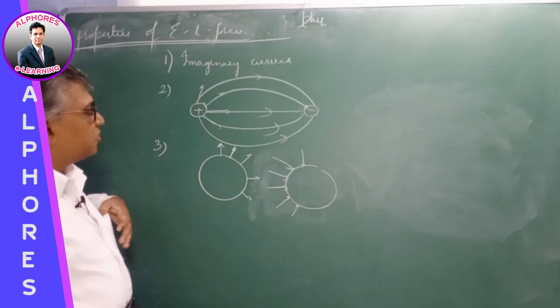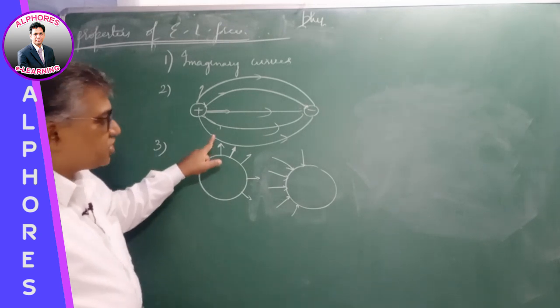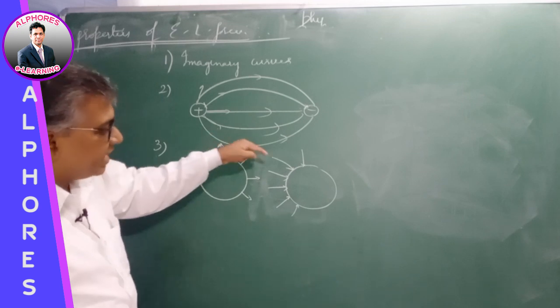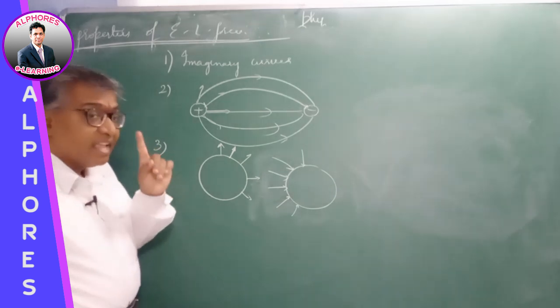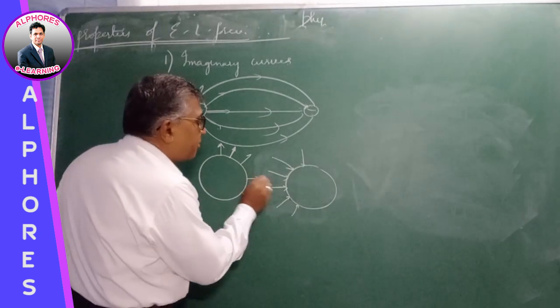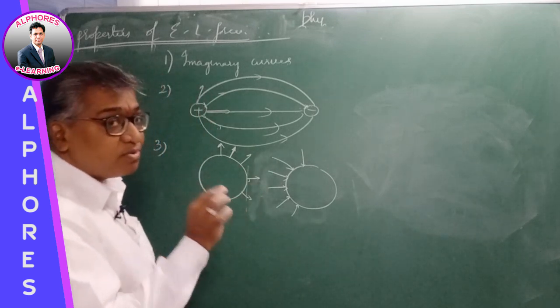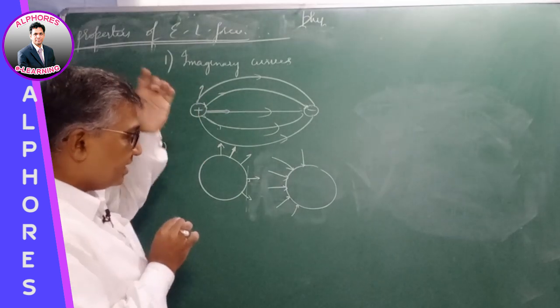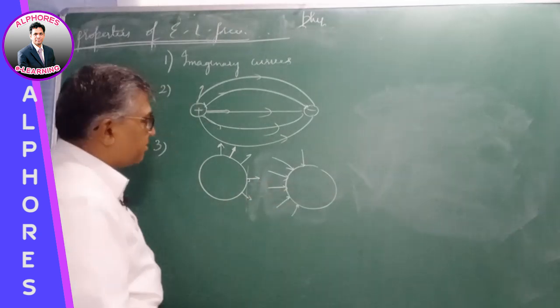So lines of force for a conductor either emerge or end up at the surface of the conductor. They do not pass through the conductor, and they always end up or emerge normal to the surface of the conductor. There is an exclusive reason for this, why they emerge or end up perpendicular to the surface. We will be learning that in the next chapter.